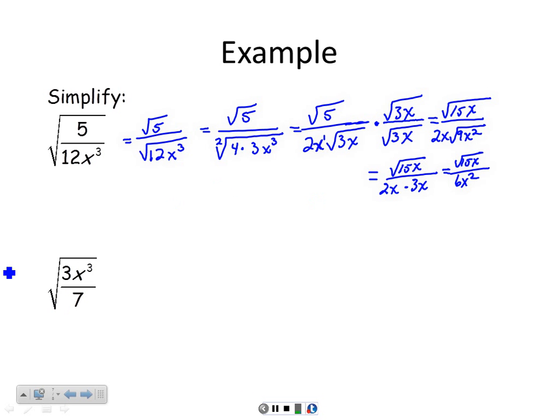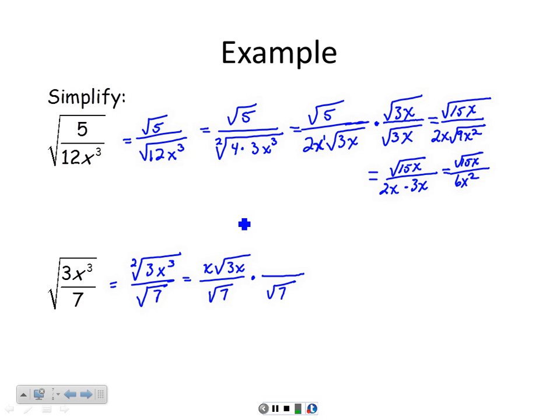So let's try again. Split these up. Simplify where you can. I know this x to the third will simplify, so I'm going to bring an x out. And I have 1 left over underneath. Again, 2 will go into 3 one time with 1 left over, the square root of 7. Now I need to multiply the square root of 7 by something that's going to give me a perfect square.